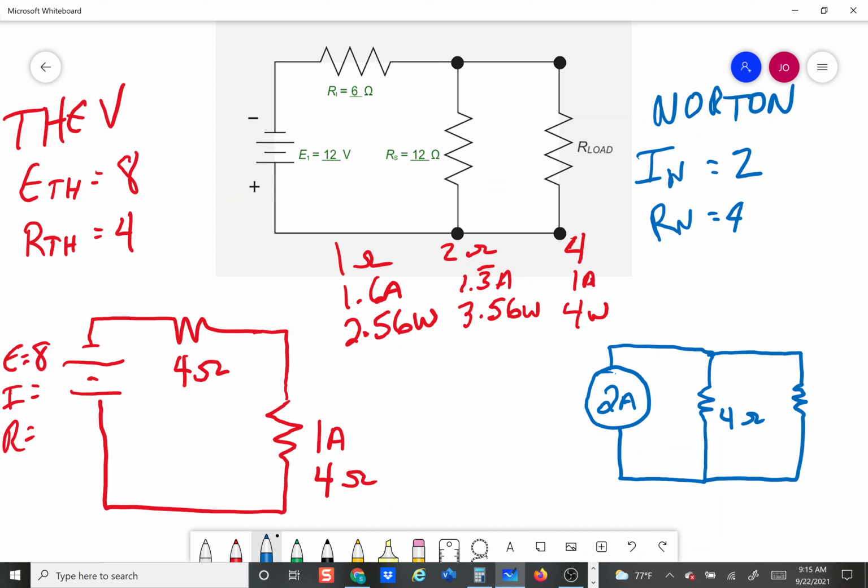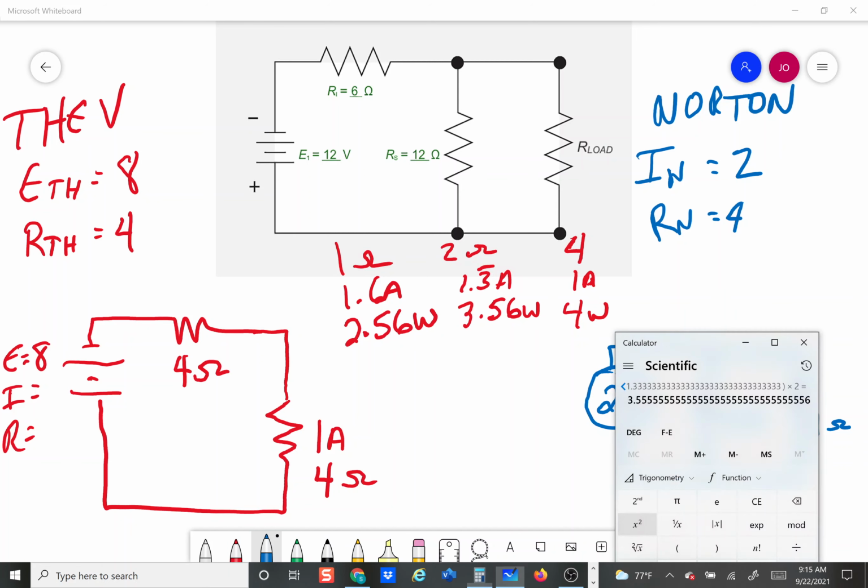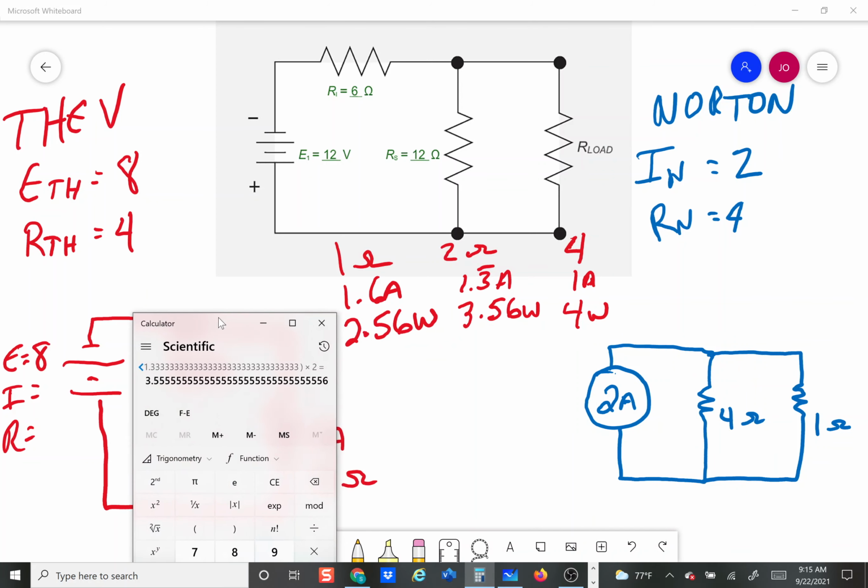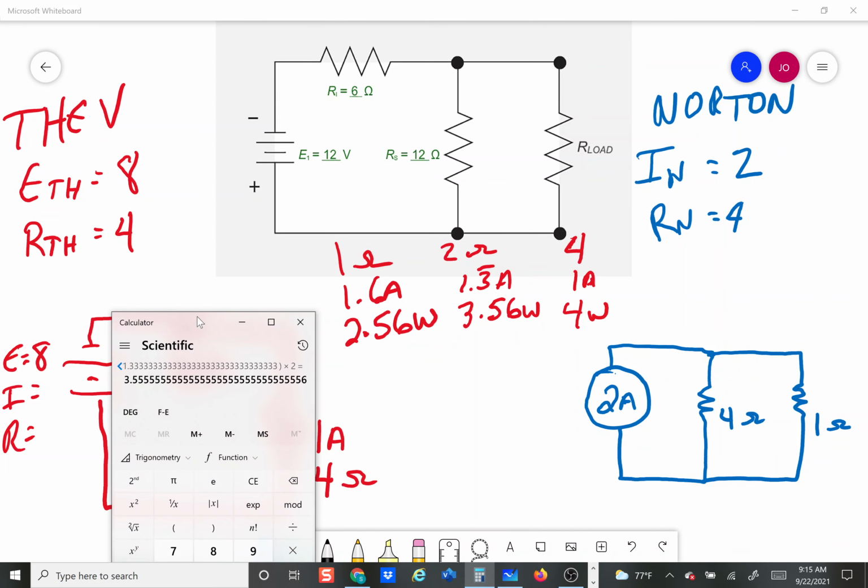So going back to our original 1 ohm load resistor, you can see that I have got my 2 resistor values now, 4 ohms and 1 ohm, and what I'm going to do with those is solve for them using, in this case, product sum, because we're using some pretty easy numbers here.